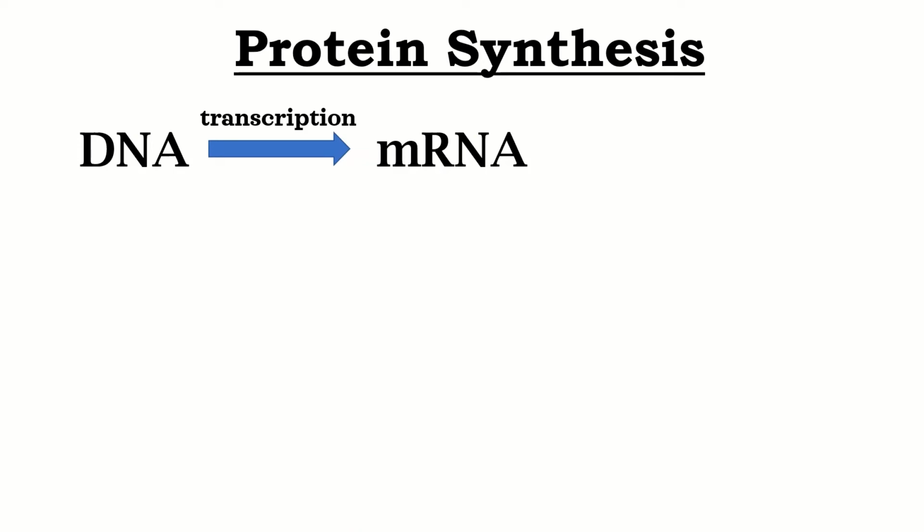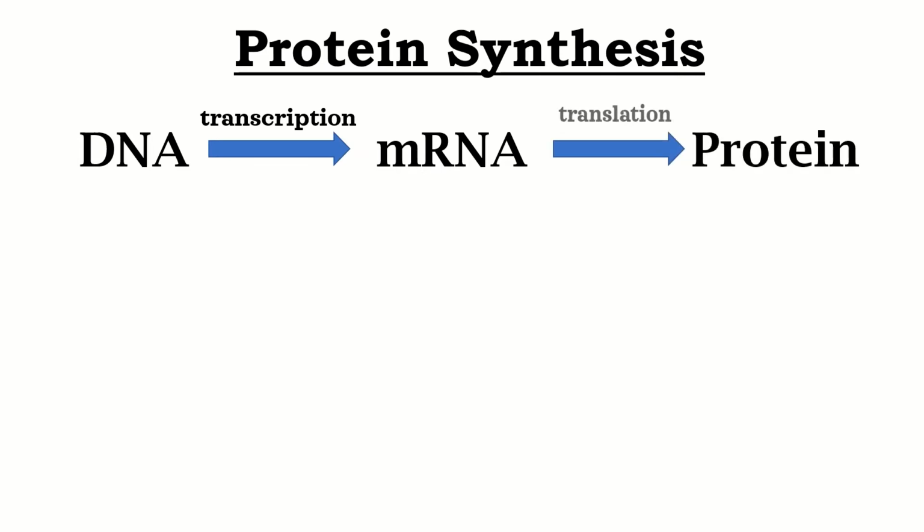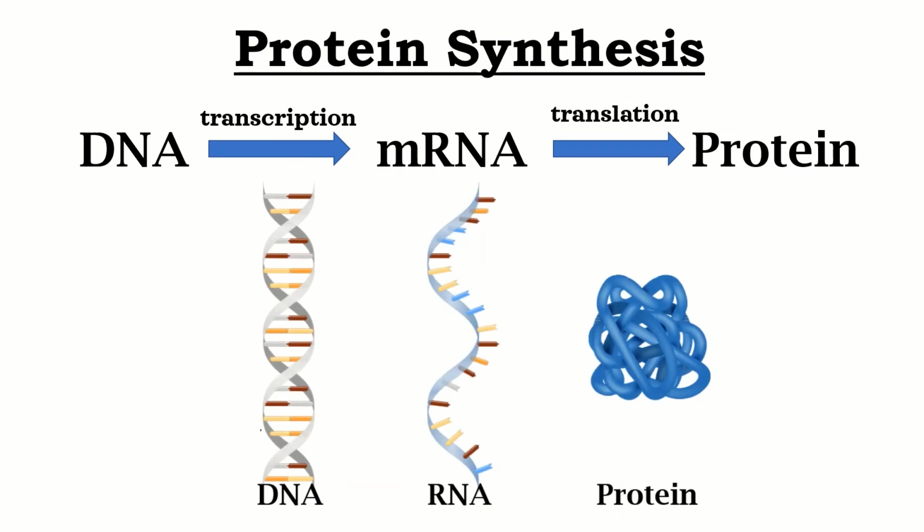And then mRNA, this strand, this template that has come from the genes in your cells, is used to make a protein, and that process is called translation. So these three things are linked. DNA transcribed to our mRNA, which is then translated into a protein, which folds up and is useful within a cell.